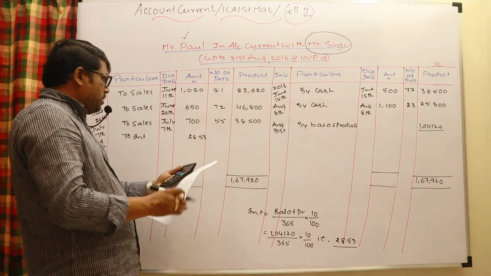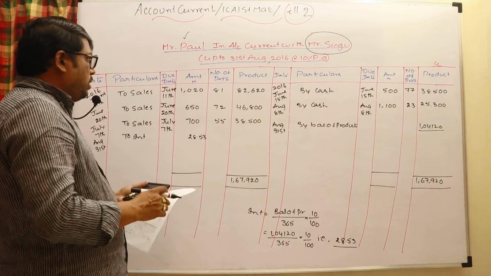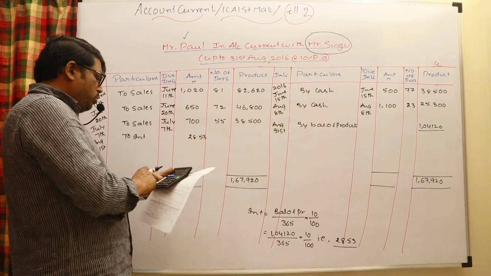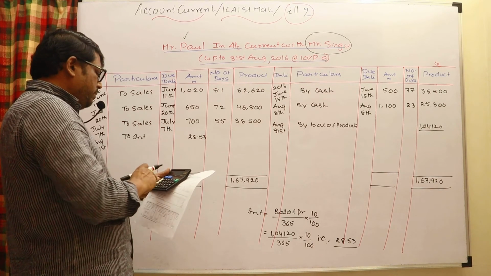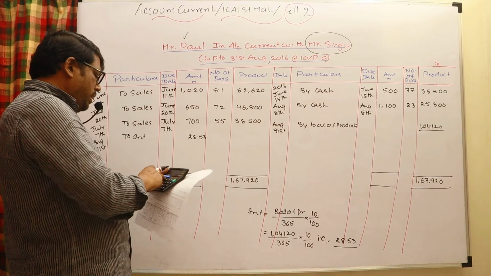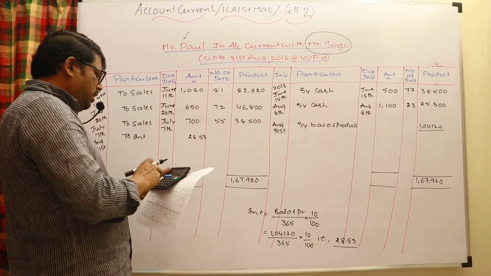After writing this, simply go to the balance. The debit total amount is more: 1020 plus 650 plus 700 plus 28.53.